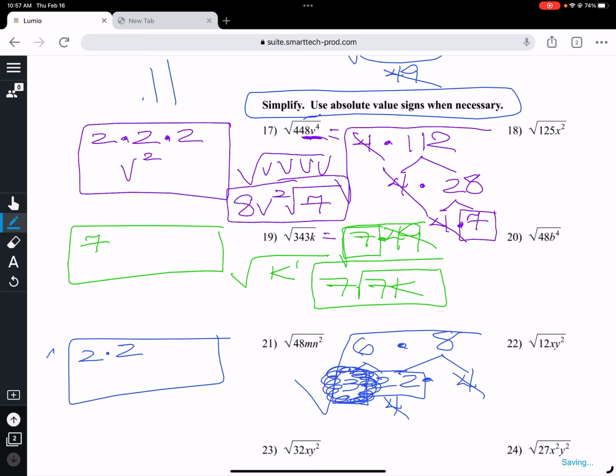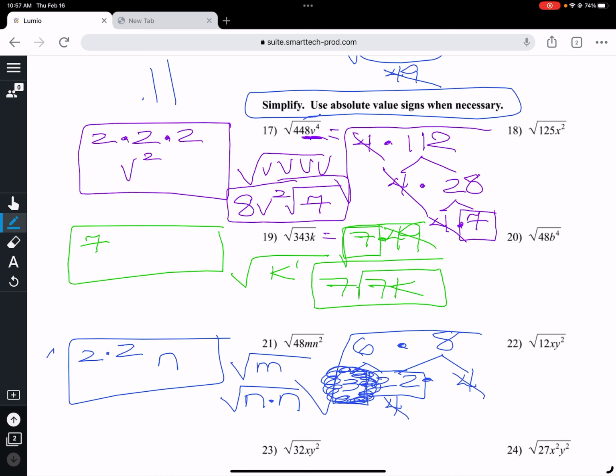Now let's go work on variables. So one of them would be an m. Can we do anything with an m? It's going to stay. What about n squared? n squared is n times n, so we can remove that. It's a perfect square, and it becomes an n. Now, because it went from an even exponent of 2 to an odd exponent of 1, that variable goes inside an absolute value bar.